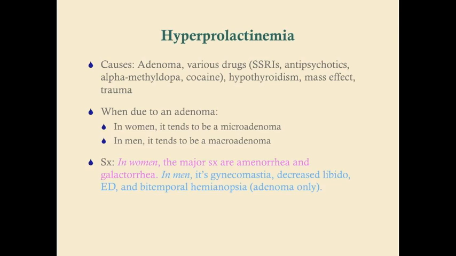Because LH and FSH are inhibited by prolactin, you're not going to get testosterone release in men. So you're going to have a decreased testosterone, and that can cause decreased libido and erectile dysfunction. So gynecomastia, decreased libido, erectile dysfunction, and most importantly, bitemporal hemianopsia are the symptoms we would see in men.